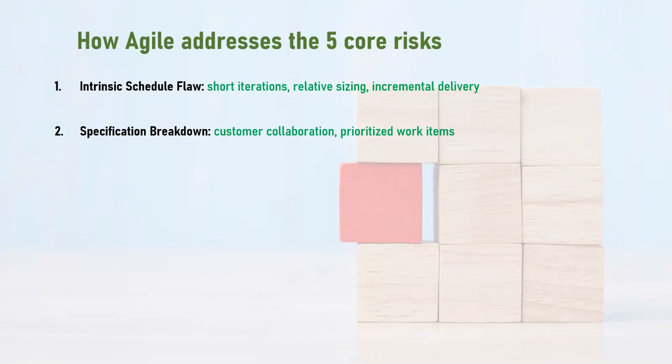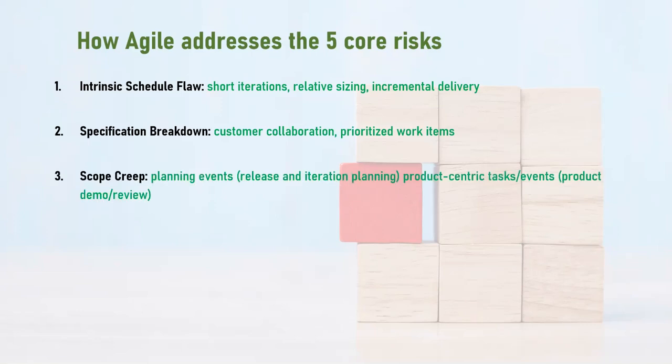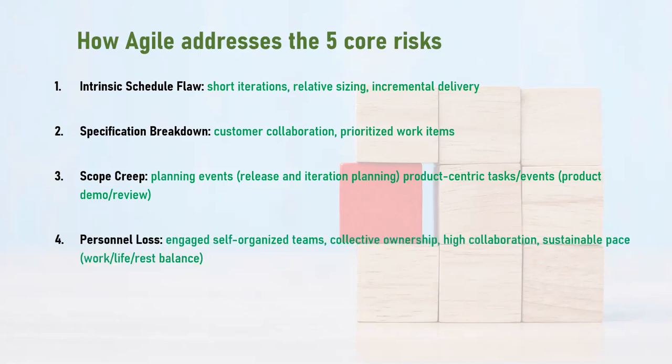Same thing for the rest of them. Specification breakdown: we have customer collaboration over small pieces of work, and we prioritize constantly. Scope creep: there are multiple planning events in many Agile approaches, and they tend to be product-centric. We review the product, we demo it.